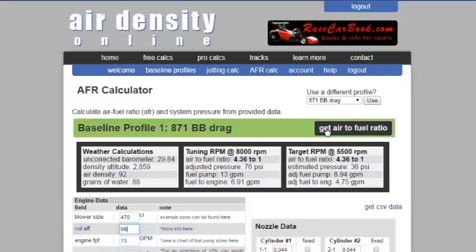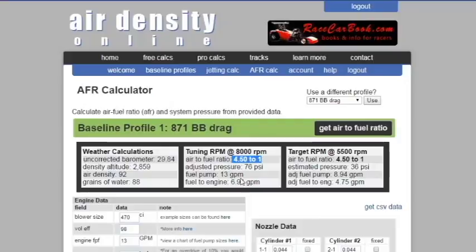That would be the first run on this combination with the blower just resealed for the year. Now notice the air-to-fuel ratio is 4.5. That is really lean. I've seen a couple of them 4.6, and at 4.8, 4.9 it was banging the blower. So this is starting to get way on the lean side for this combination.